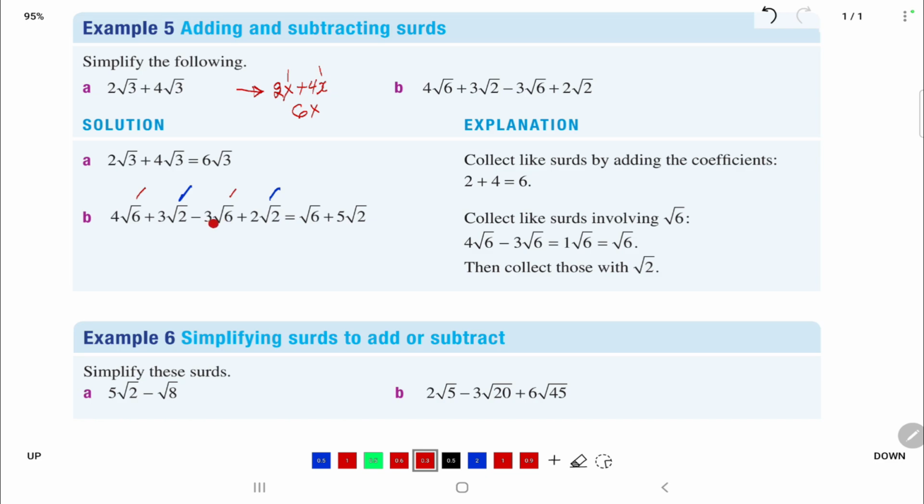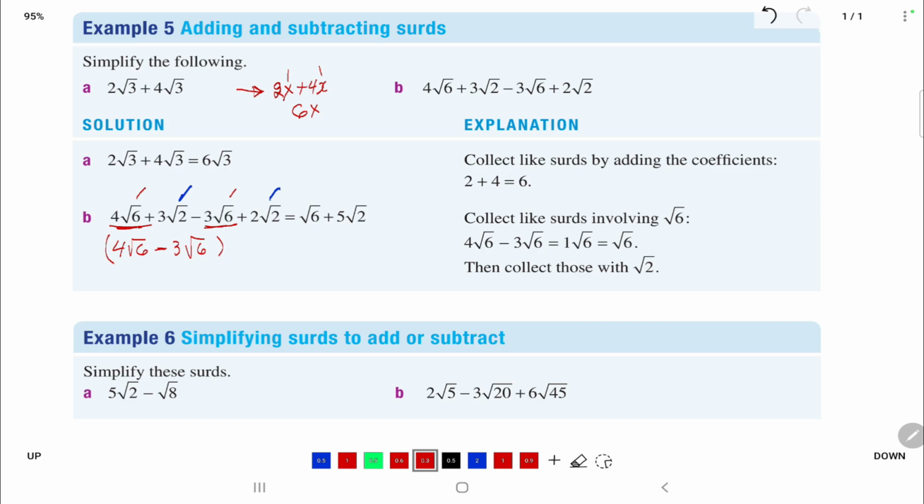So I'll collect these two terms, 4 under the square root of 6 and minus 3. So I'll do it like this: 4 under the square root of 6 minus 3 under the square root of 6.